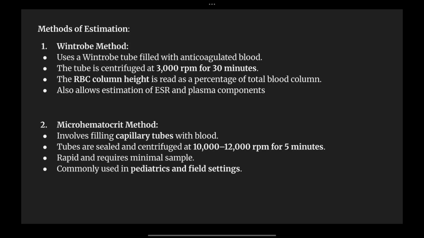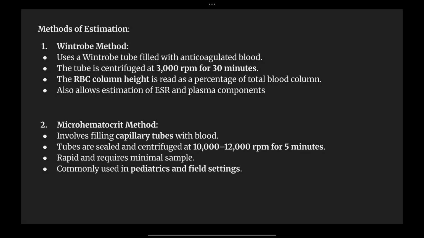In 30 minutes, it rotates 3000 times in the centrifuge, which leads to an RBC column that determines the percentage of the total blood, the normal values, and it allows estimating both ESR and plasma components at the same time.